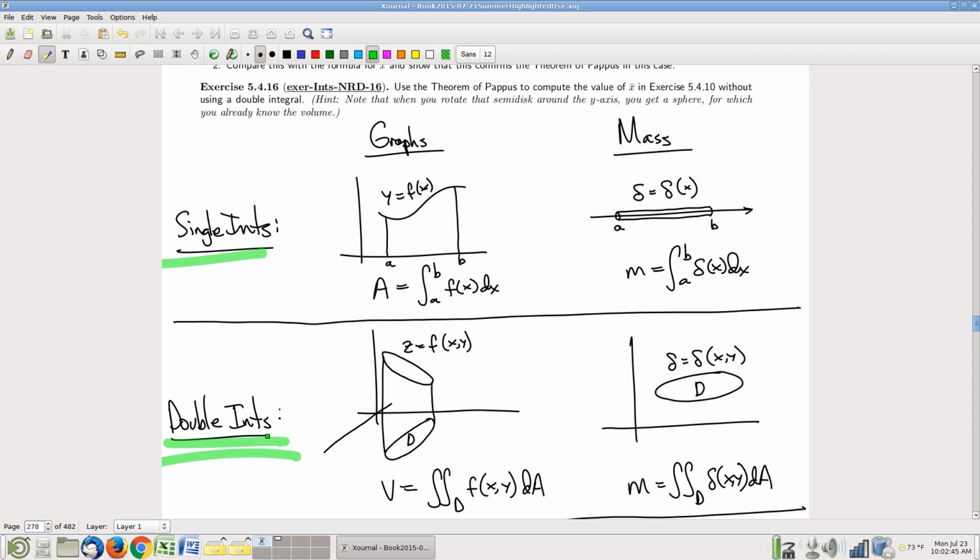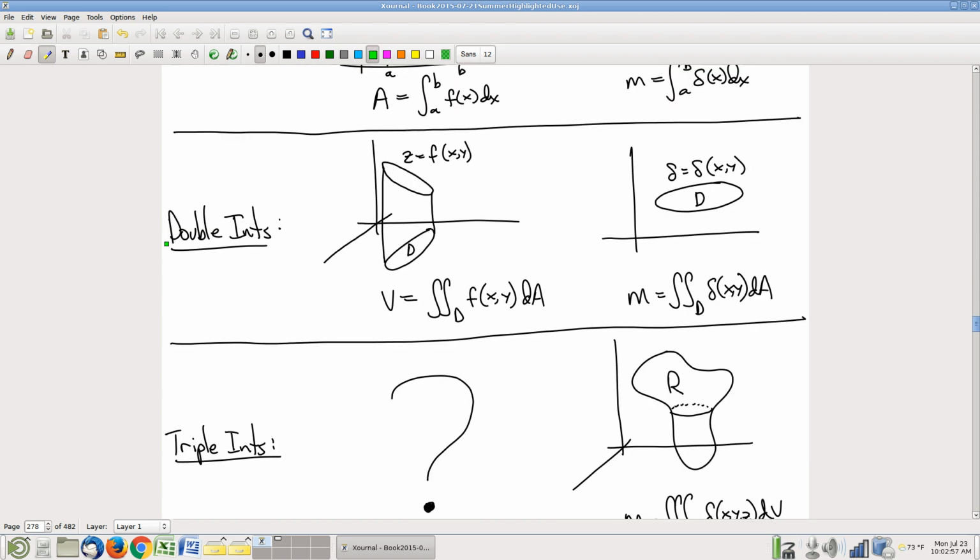So what we're going to call a triple integral, and I'll write down the definition momentarily, but let's just argue by analogy here. What would we expect a triple integral to look like in these contexts? And in the graph context, we get a great big question mark.